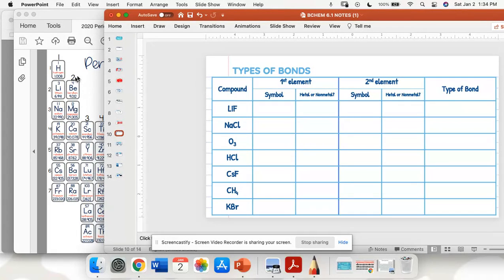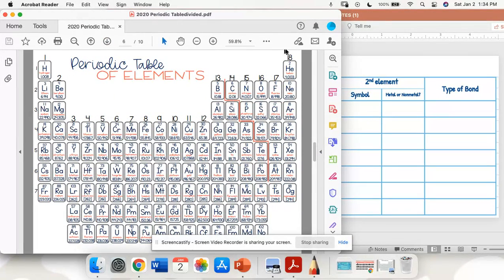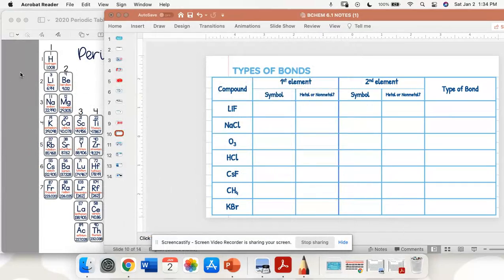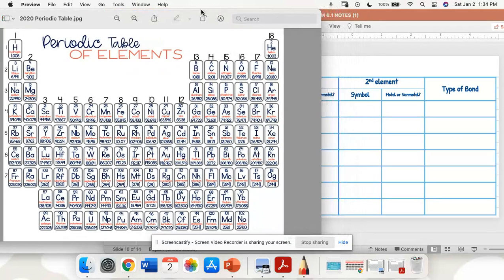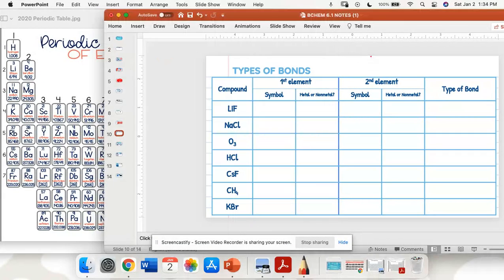So we're going to look at the periodic table over here, and we're going to determine if it's a metal or a non-metal. Actually, this one is better. I like this one better. Here we go. Okay, so we're going to break these compounds down. So we have Li and F. So the symbol of the first element in this compound is Li. And the symbol for the second element in this compound is F. So now we have to figure out if Li is a metal or a non-metal.